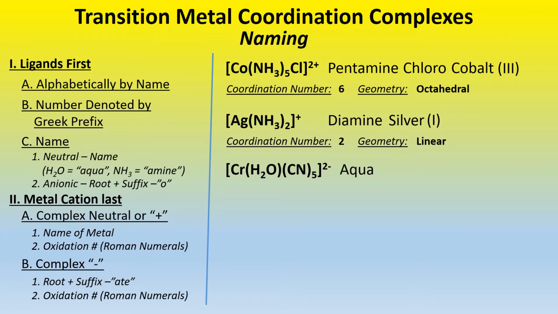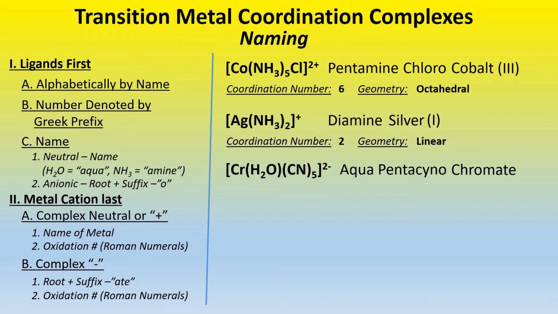A comes before C. So this is an aqua. CN- is a cyano, and there's 5 of them. So you have an aqua pentacyano. Chromium, Cr. But since the entire thing has a -2 charge, you have an aqua pentacyano chromate.